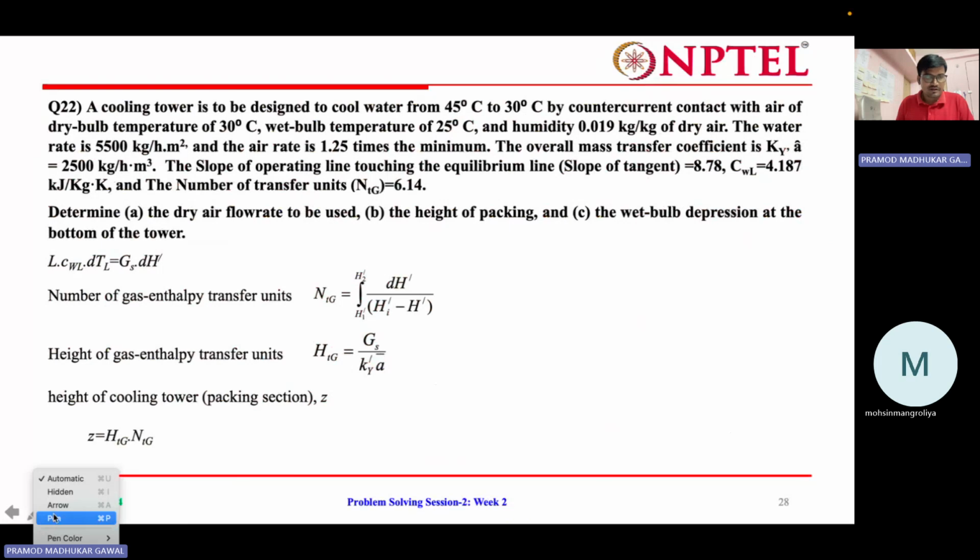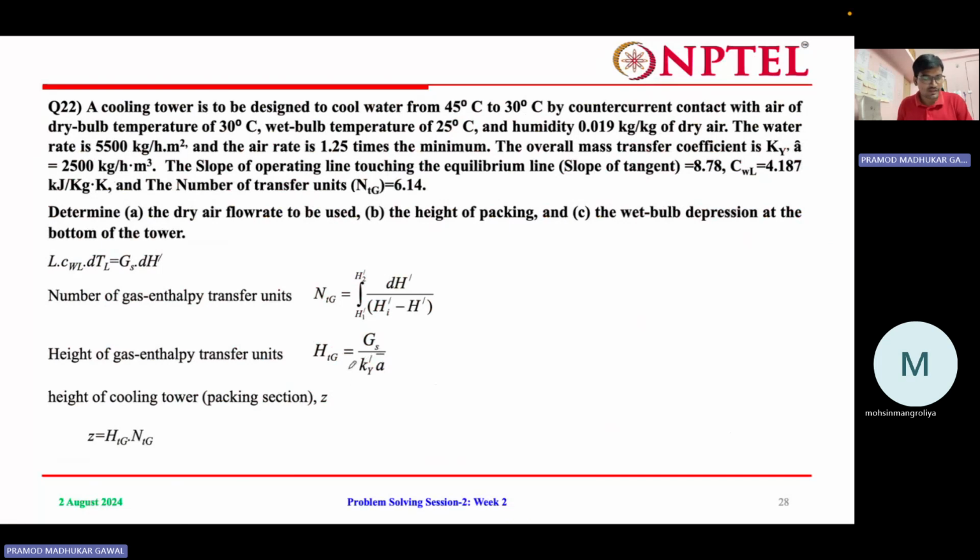Now the second part, the height of packing. Here is the formula to calculate the height of packing: Z is equal to HTG times NTG. HTG means the height of a gas enthalpy transfer unit, and NTG means the number of gas enthalpy transfer units. Here NTG is given as 6.14. Now you have to calculate HTG using this formula.